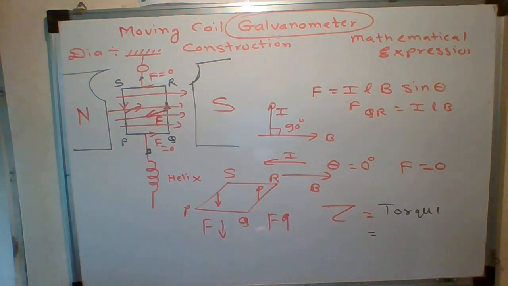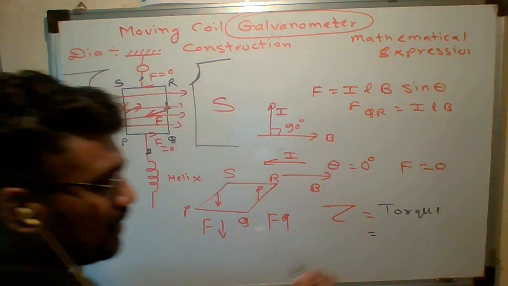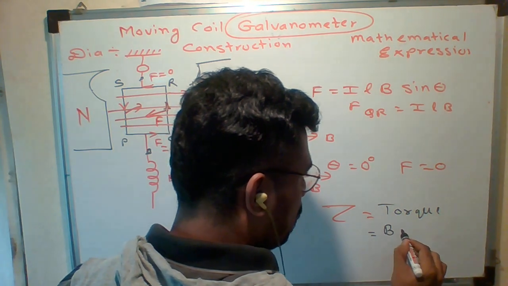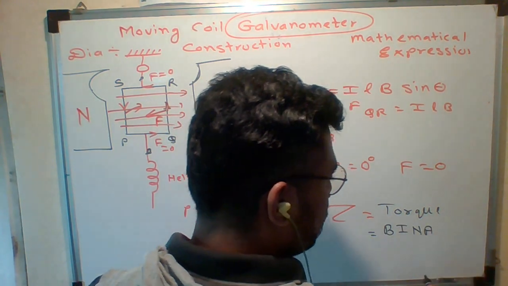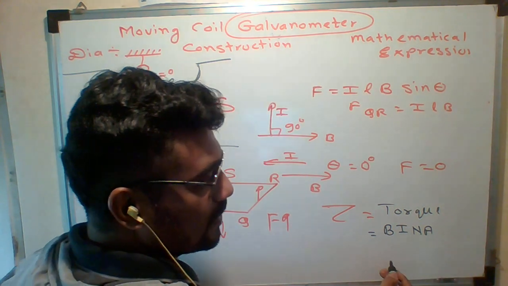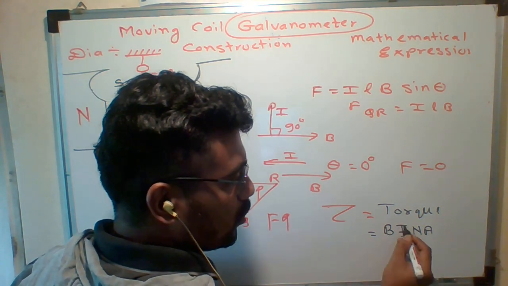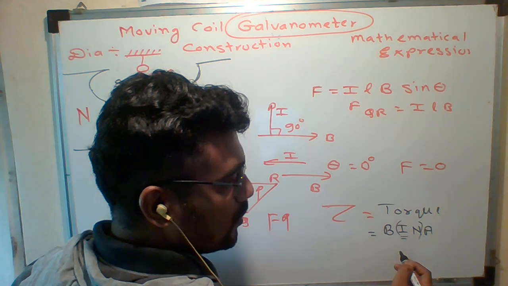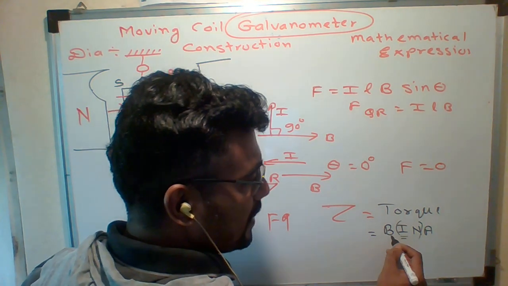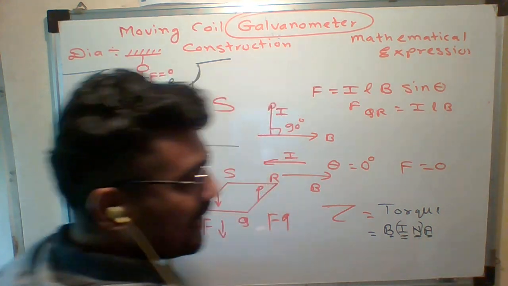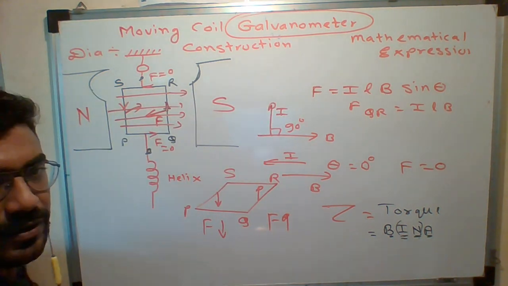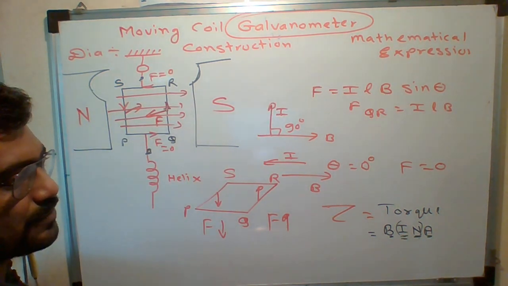Torque is given by tau = BINA sin theta. You should understand the formula. What is N here? Number of turns. B is the magnetic induction, I is the current, N is the number of turns, and A is the area. You have to remember the formula.